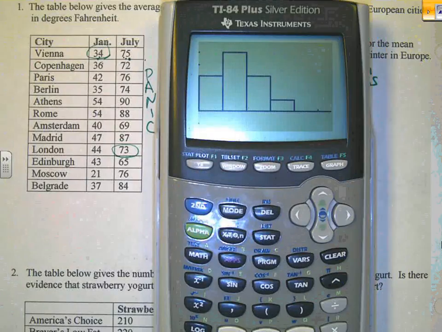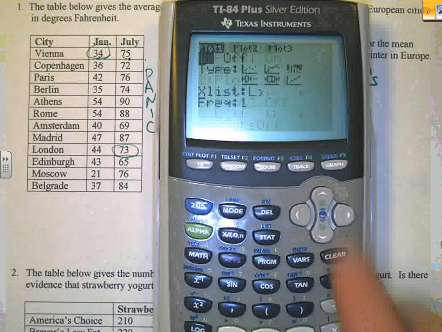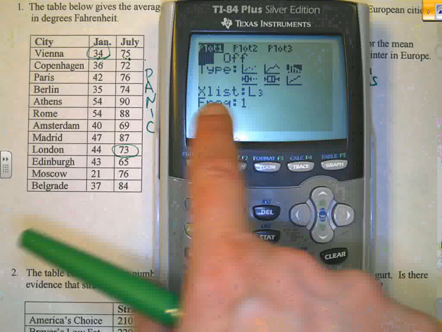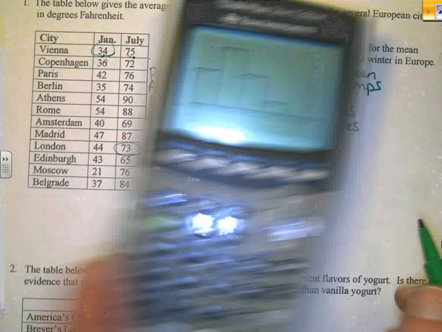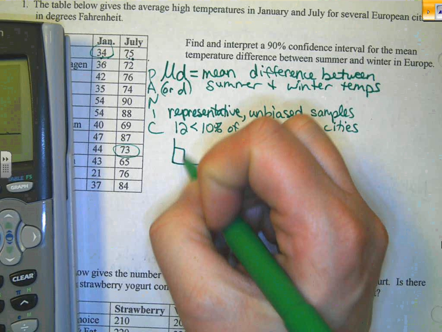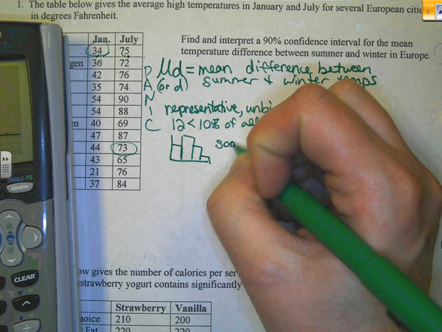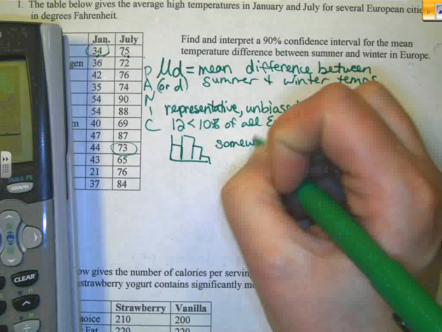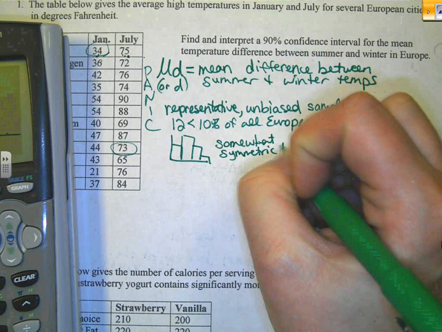How do you make sure that it's on L3 for your graph? When you go to the stat plot, make sure the X list says L3. And you just sketch it. Do we need to describe it? Yeah, so you just say somewhat symmetric and unimodal.